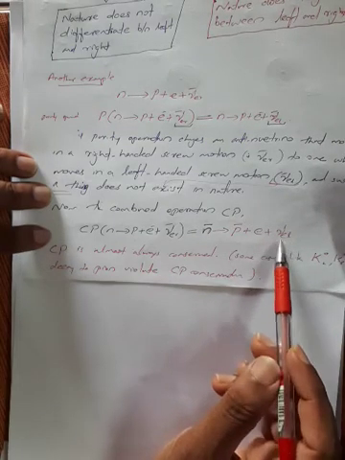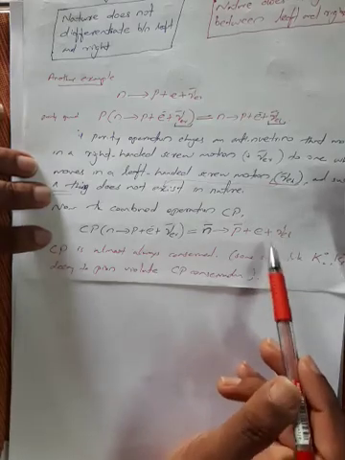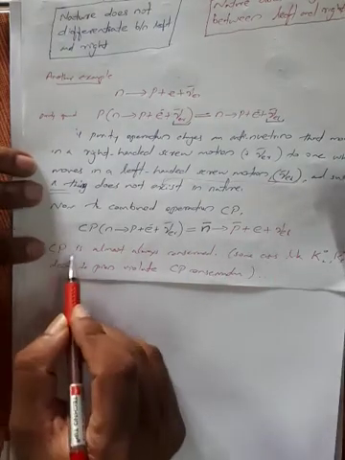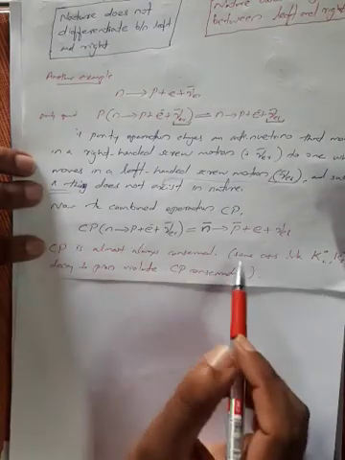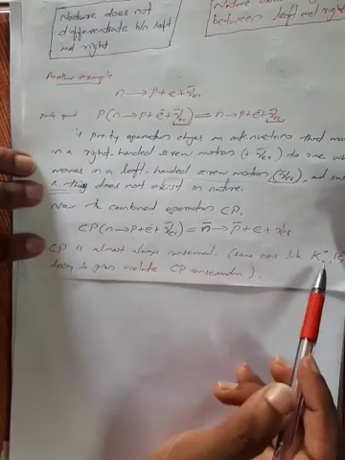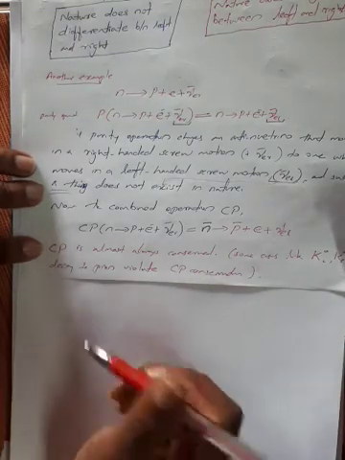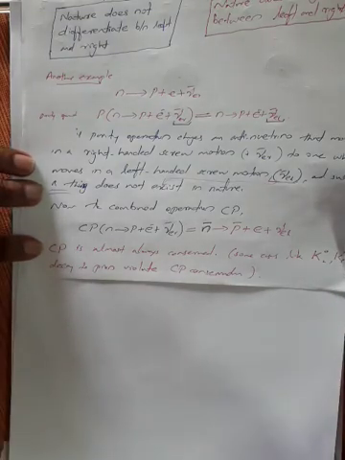So that is existing, and all the neutrinos are left-handed. So CP is almost always conserved. Some cases like KL0, KS0 decaying to 2 pi violate the CP conservation.